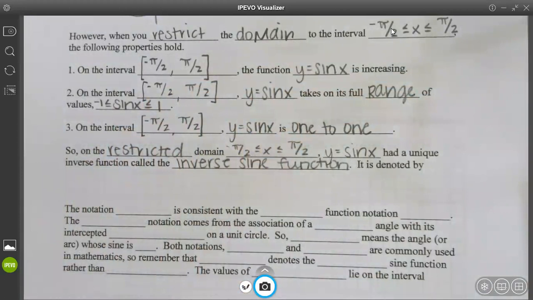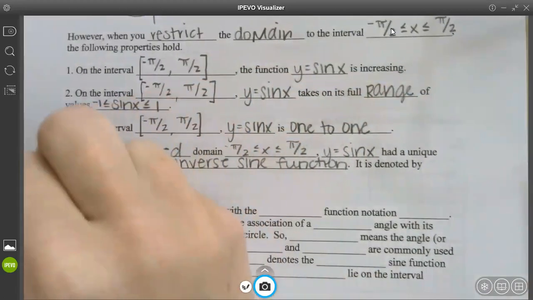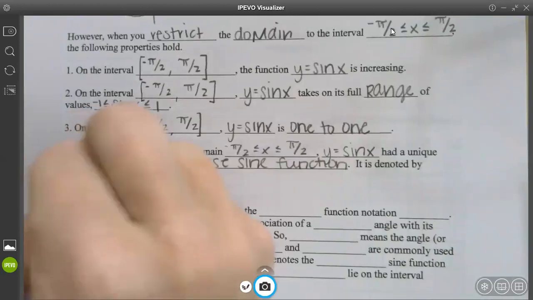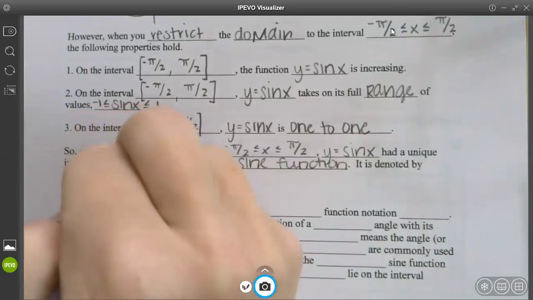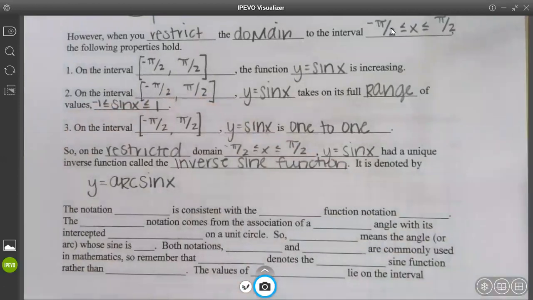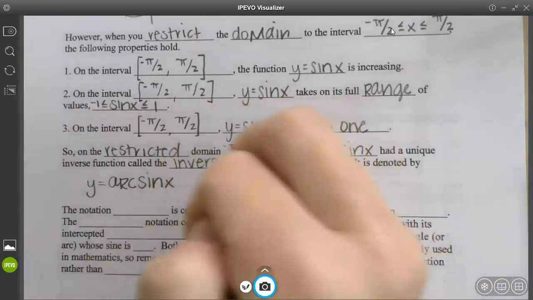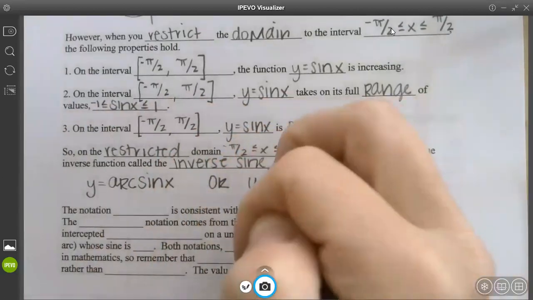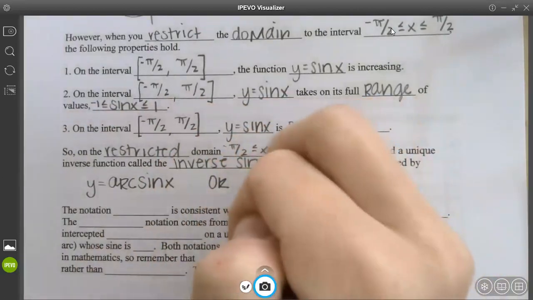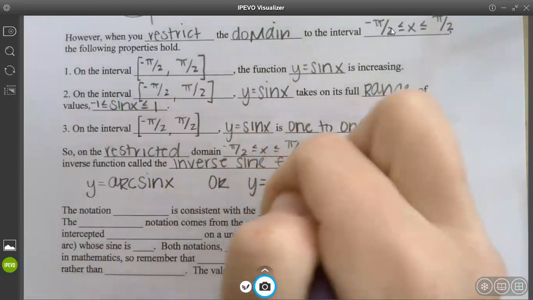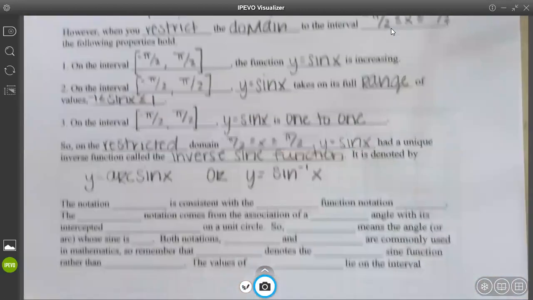It is denoted by y equals arc sine x, or y equals sine to the negative 1 of x.